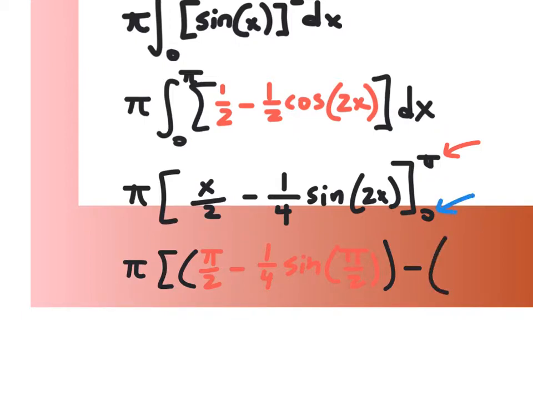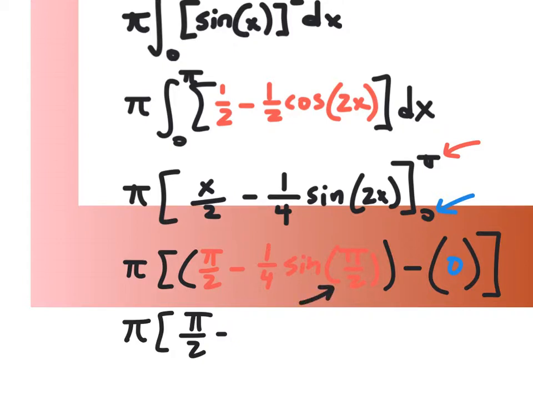That's going to be really easy because 0 over 2 is 0, and sine of 0 is also 0. So I'm going to take pi and multiply it by pi over 2 minus, what was it? What's the sine of pi over 2? It's 1, so it would be minus 1/4.